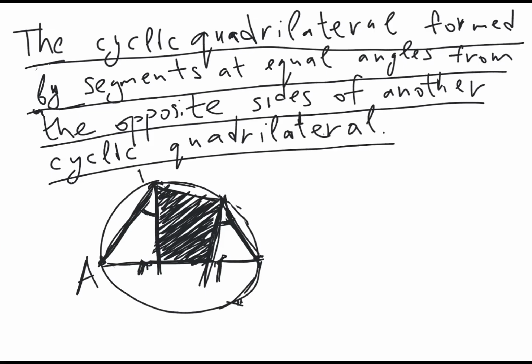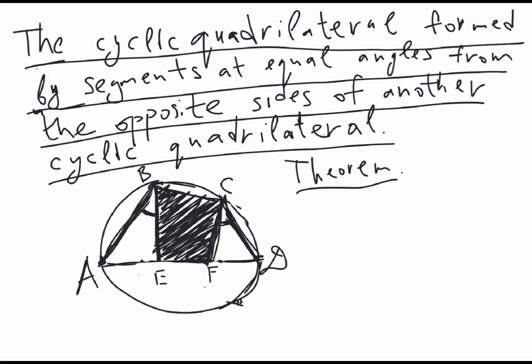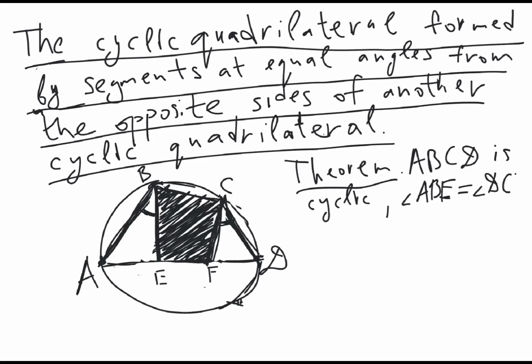So basically, if we denote the points E, F, the theorem is that ABCD is cyclic, and the angle ABE is equal to the angle DCF, then it implies that BCFE is also cyclic.